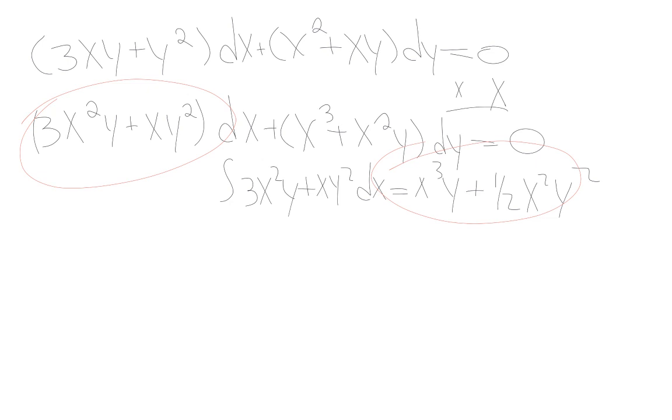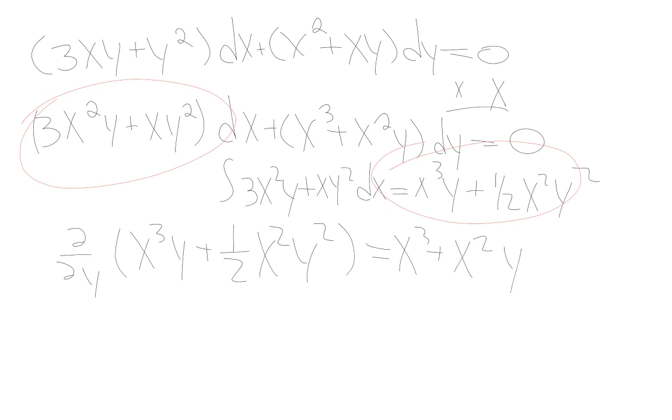So if I took the partial derivative with respect to y of x cubed y plus 1/2 x squared y squared, I would get x cubed plus x squared y.